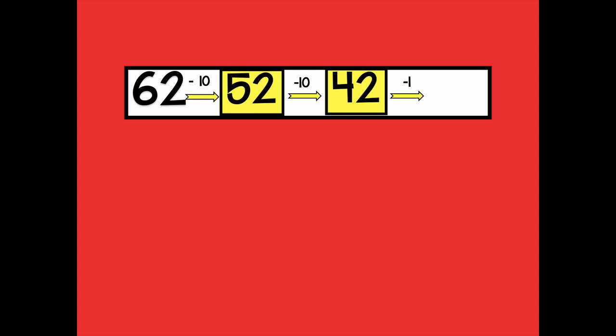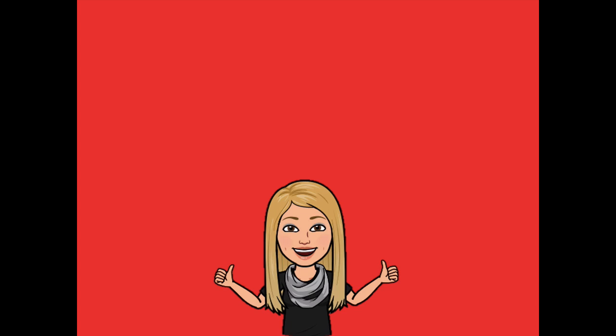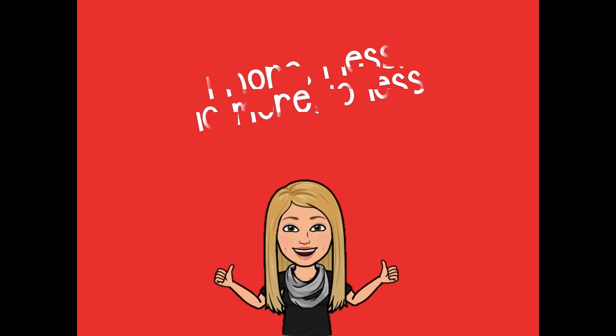So 42 minus 1 is 41. All right, so we're going to keep going with 41. So 41 minus 1, 40. Good. Minus one more, 39.